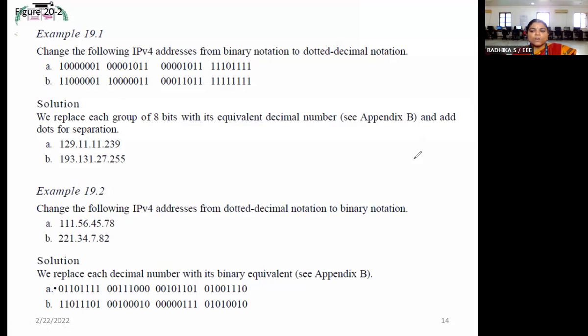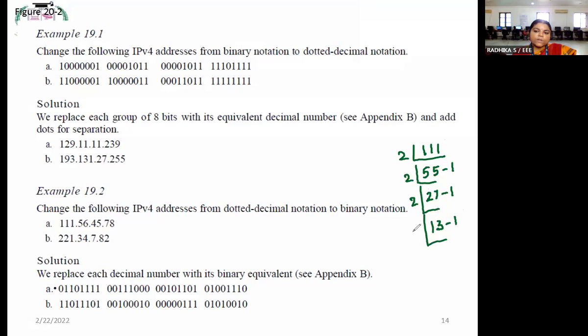You have to go in for the long division. Keep on dividing it by 2. So 55, you get 1 remainder. Then again you do division, 27, 1 remainder. Again 2 times 13, 1 remainder.